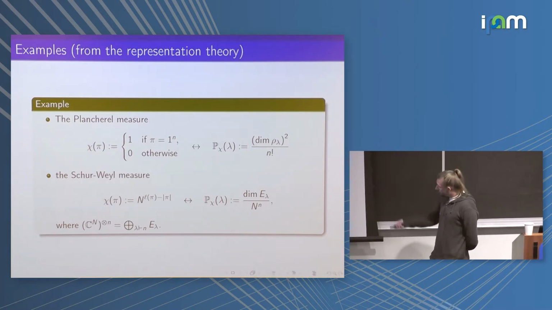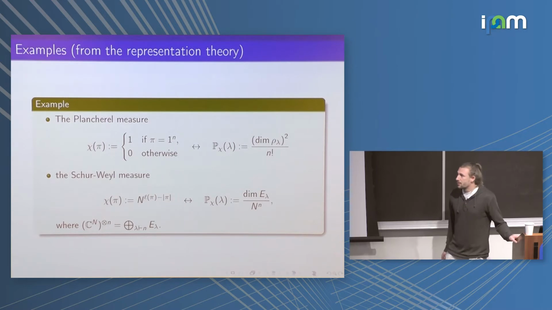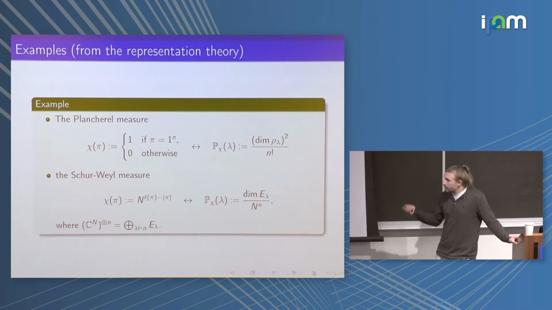OK, so here is an example. There are two examples of maybe the easiest representations of the symmetric group. The first representation is the regular representation. Clearly the character of the regular representation vanishes everywhere except at the identity. The regular representation is just an action of the symmetric group on itself by multiplication.